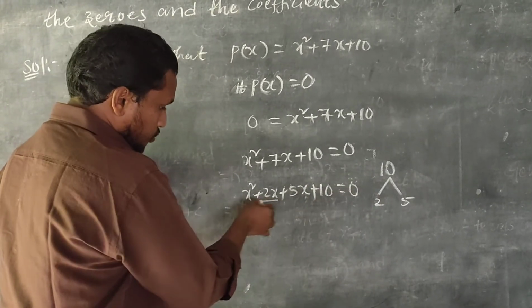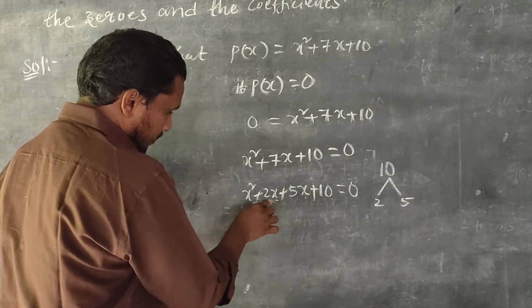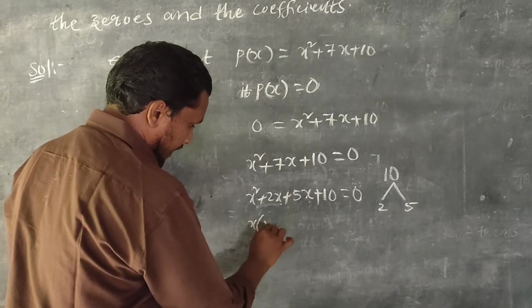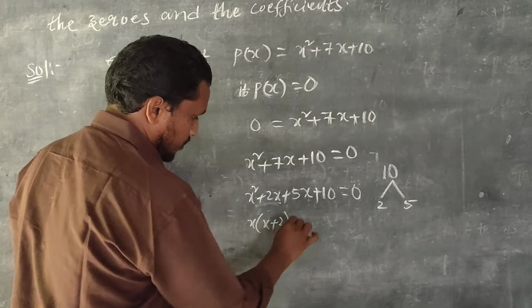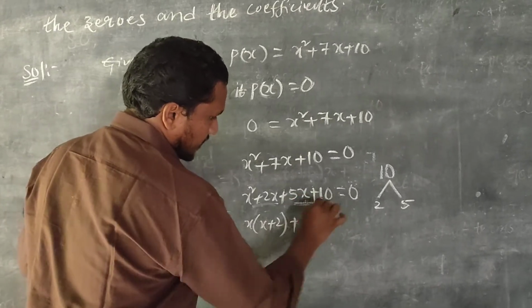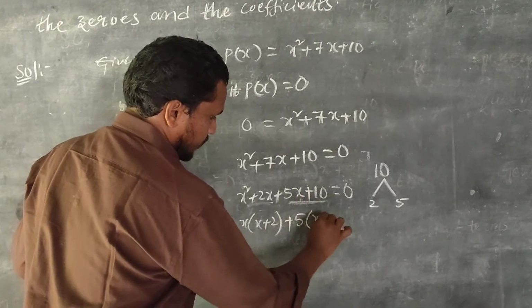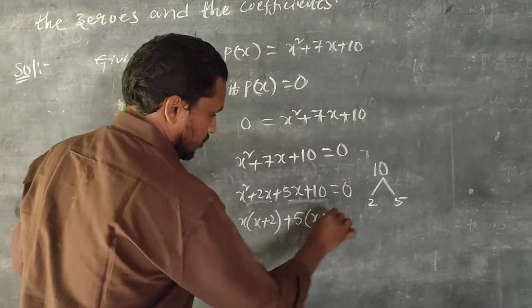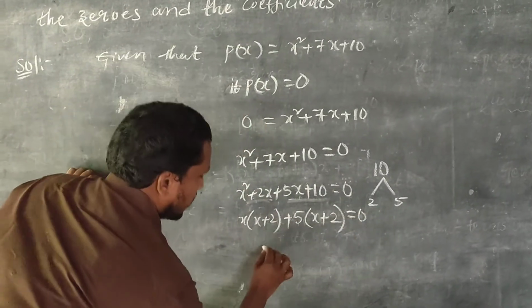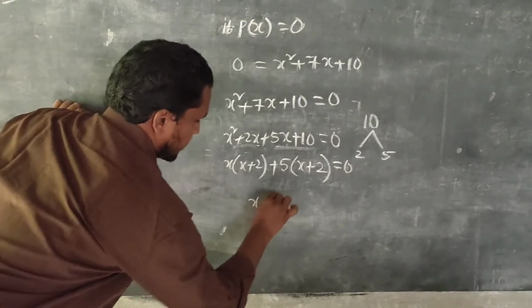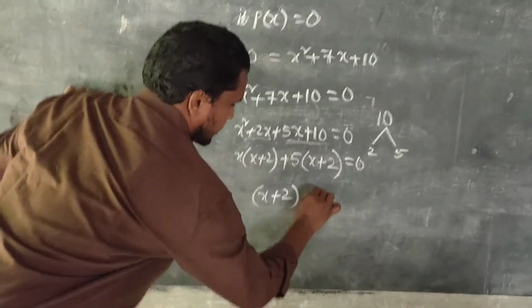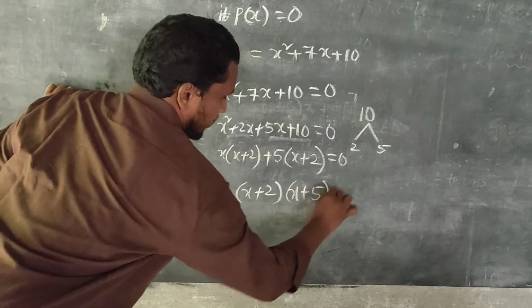In the first two terms the common factor is x, and in the last two terms the common factor is 5. So x into x plus 2 plus 5 into x plus 2 is equal to 0. Here x plus 2 is the common factor, so x plus 2 into x plus 5 is equal to 0.